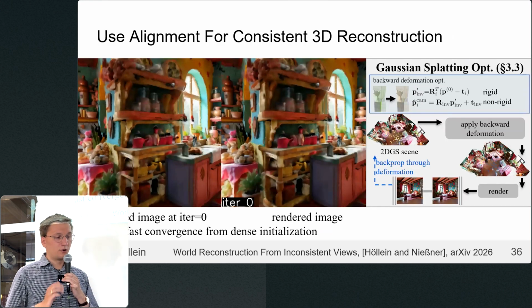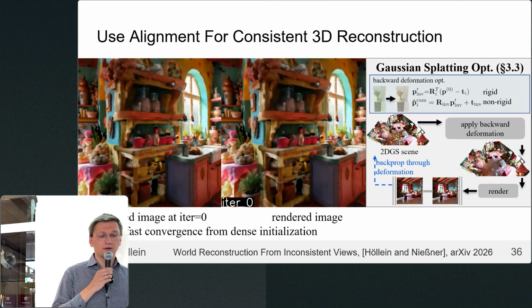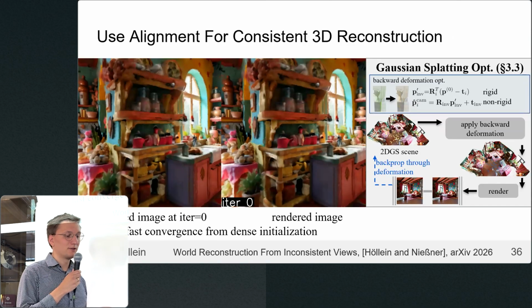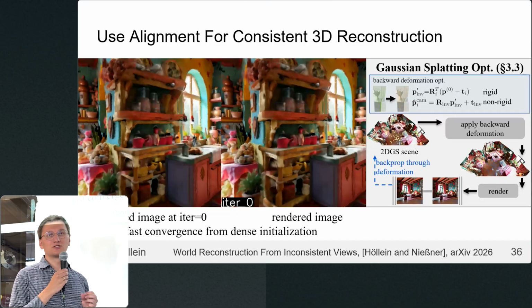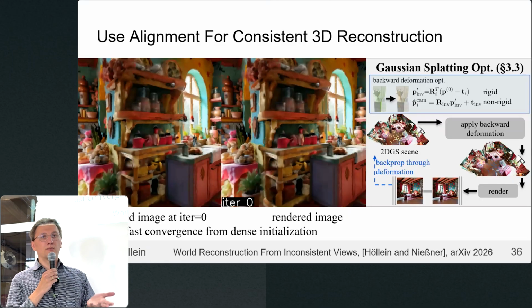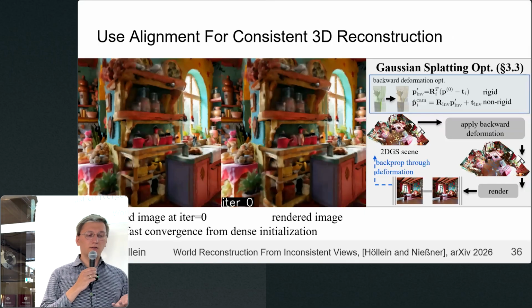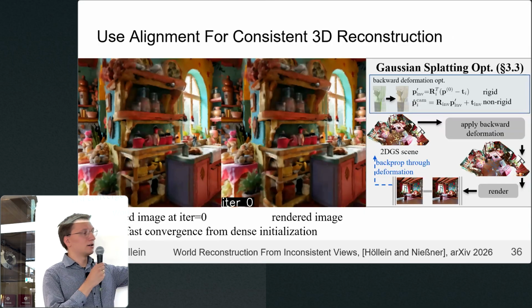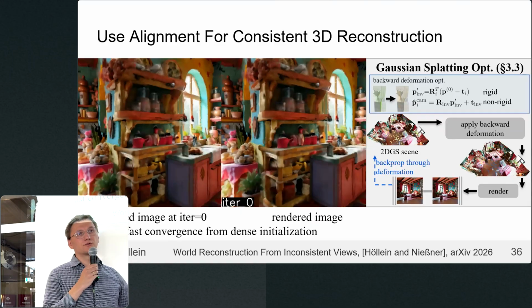And there's one important ingredient, maybe the key component of this entire method: we now have this point cloud initialization, and we apply a backward deformation that undoes this alignment back into the inconsistent space. And then we render the Gaussian scene from the input camera and make it similar to the video diffusion frame.